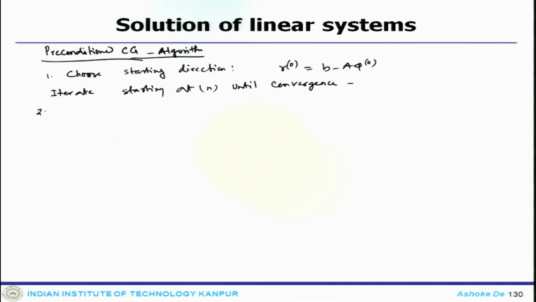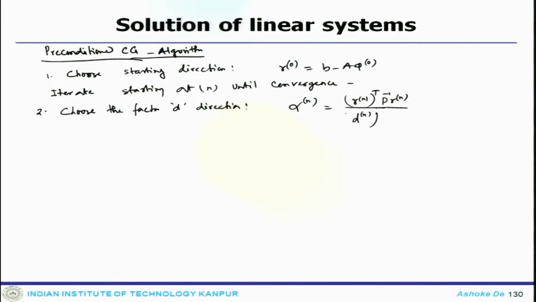The next step, you choose the factor for the direction D, like alpha n equals Rn transpose P inverse Rn divided by D transpose A dn.